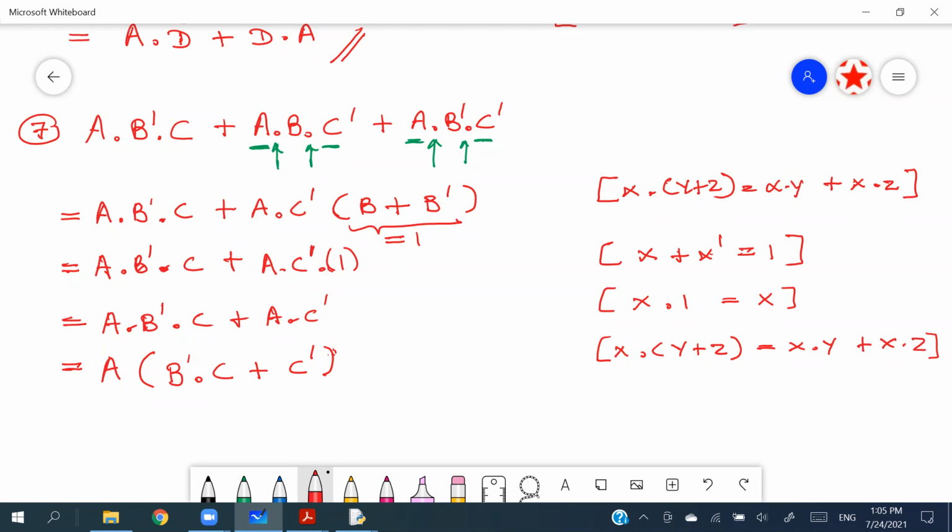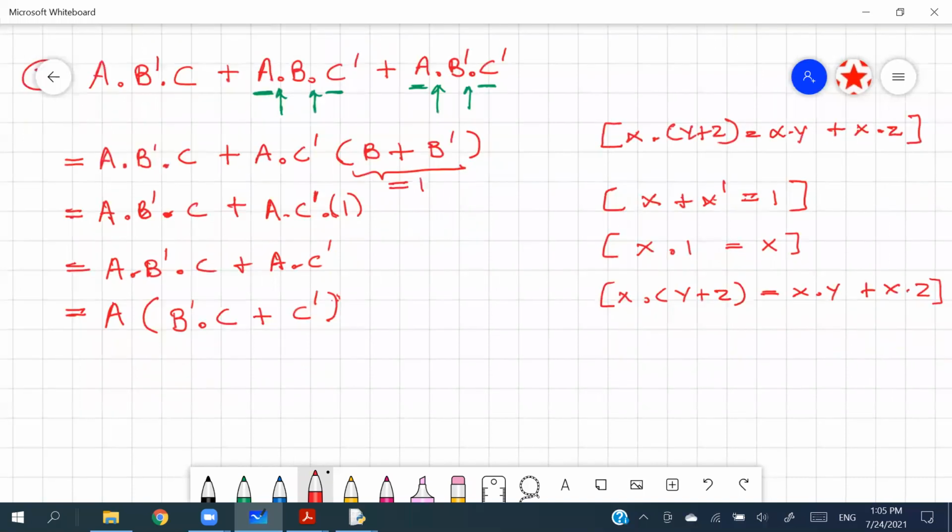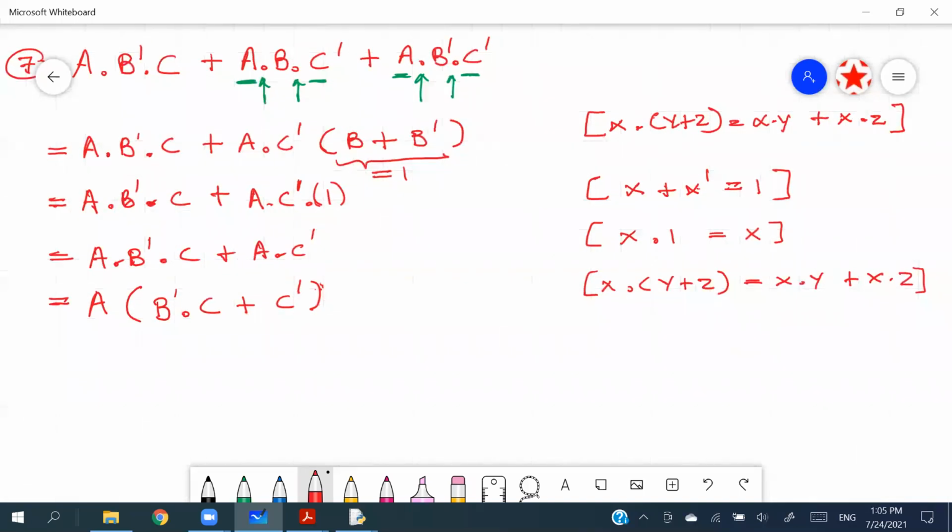Can you apply anything to the bracket, people? Any suggestions? People who have done the seventh question, can we apply anything to this bracket?